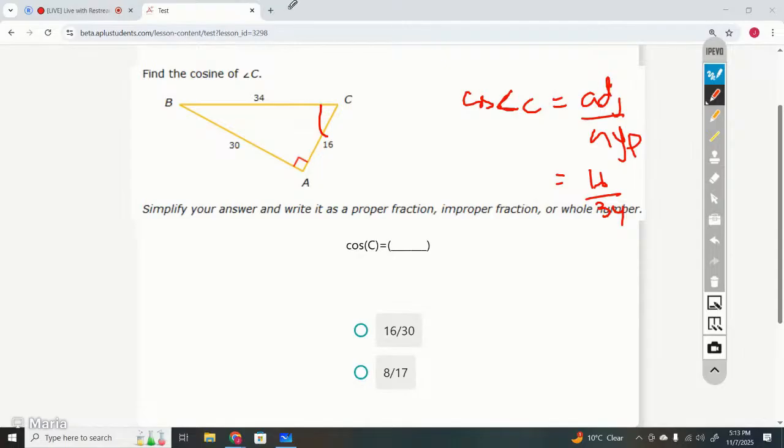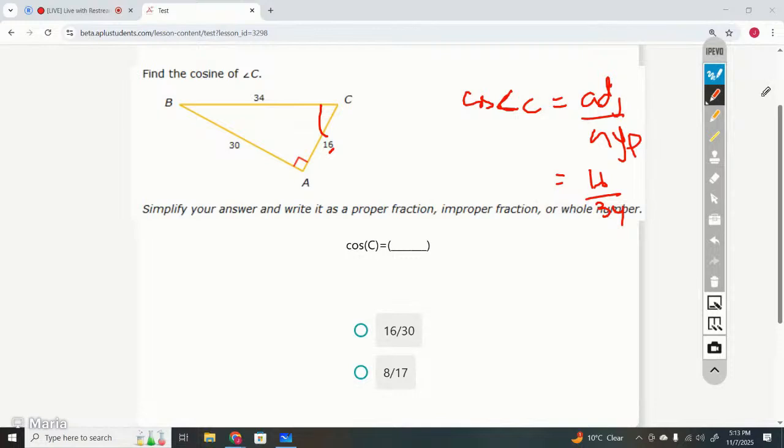That is 16 over 34. It is 16 by 34, right?